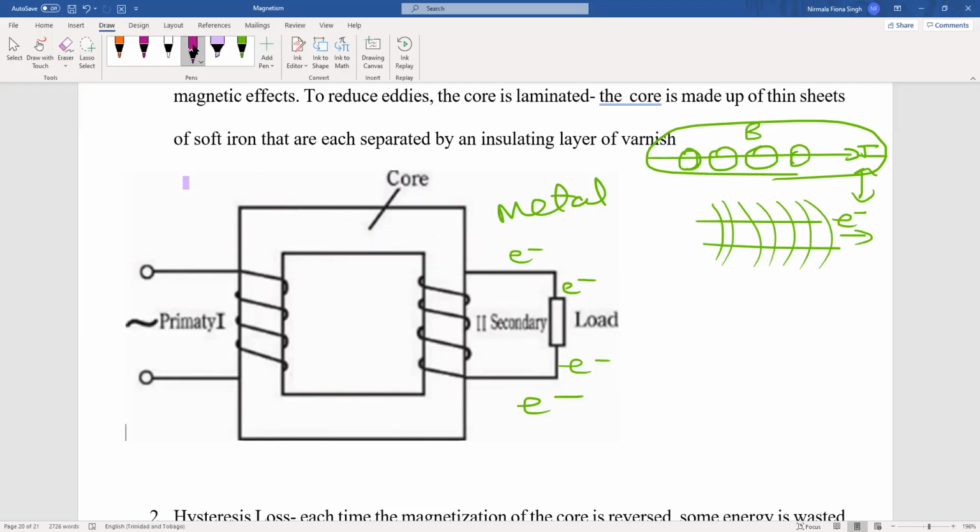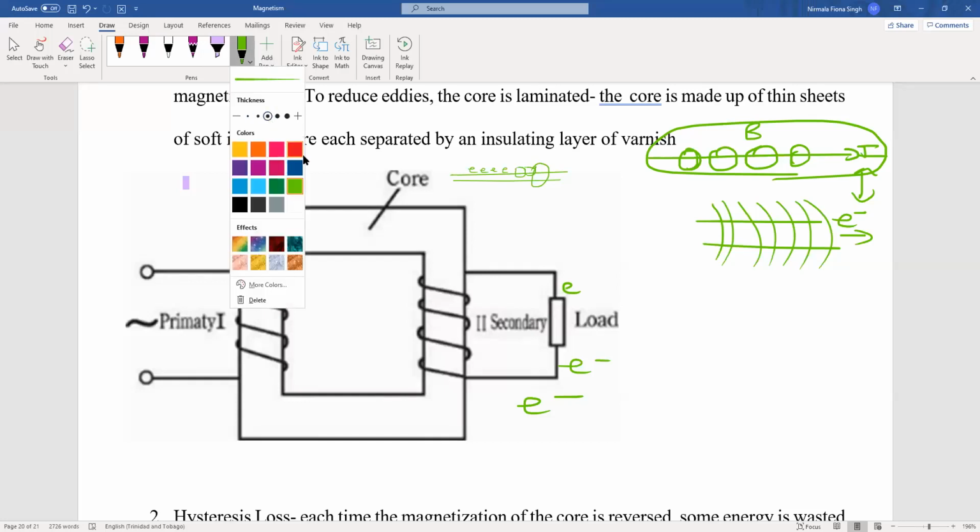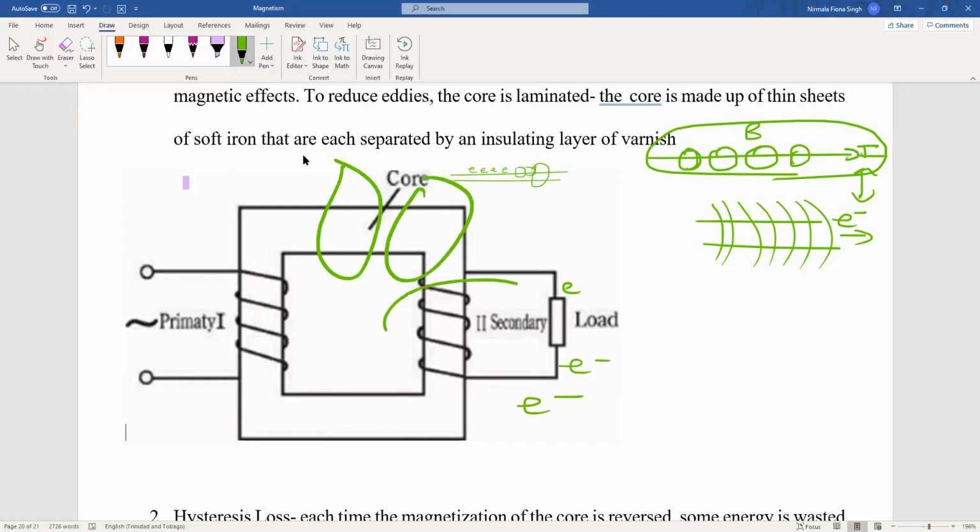But if you use a really, really thin sheet, well, let me use my thinnest pen, these thin sheets can only generate a really small amount of current and therefore a really small magnetic field. And when you add up these small magnetic fields, it's still not going to be as large as the big magnetic field that a big block of metal would end up producing.